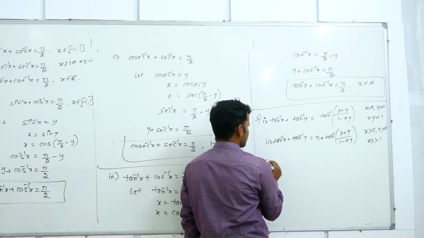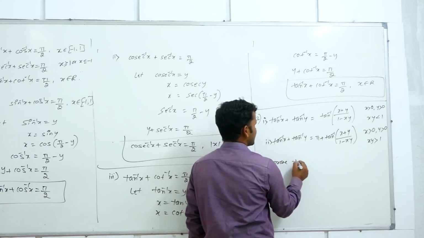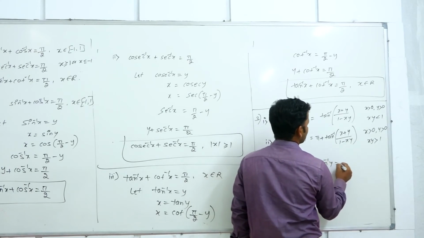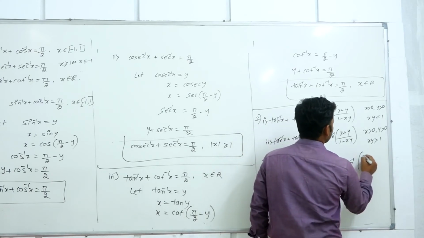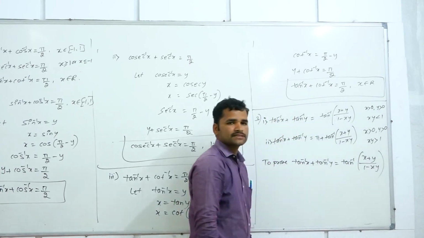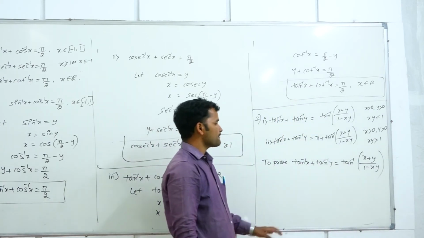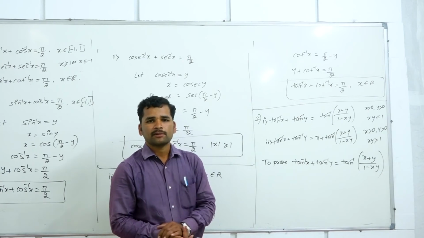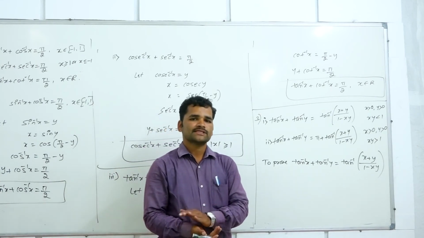I am going to prove tan inverse of x plus tan inverse of y is equal to tan inverse of x plus y by 1 minus x into y. Here, to solve this property, we will use first year formulas.